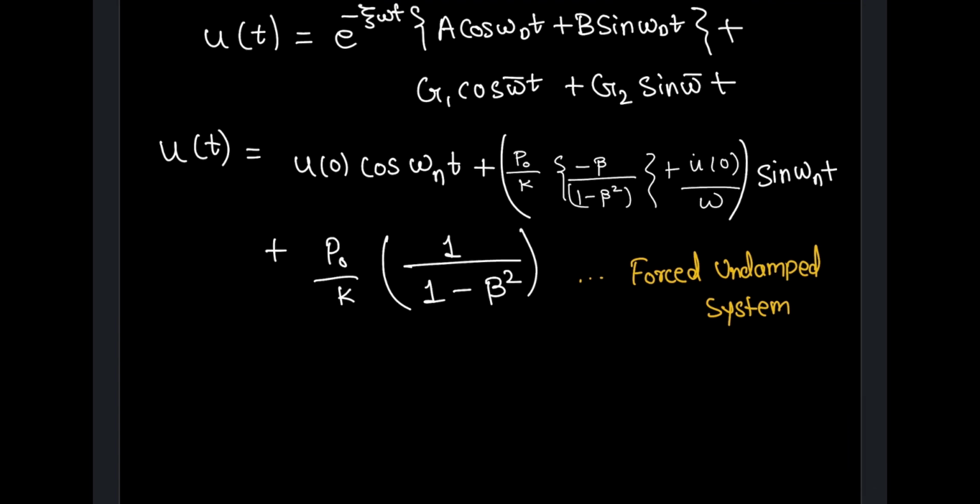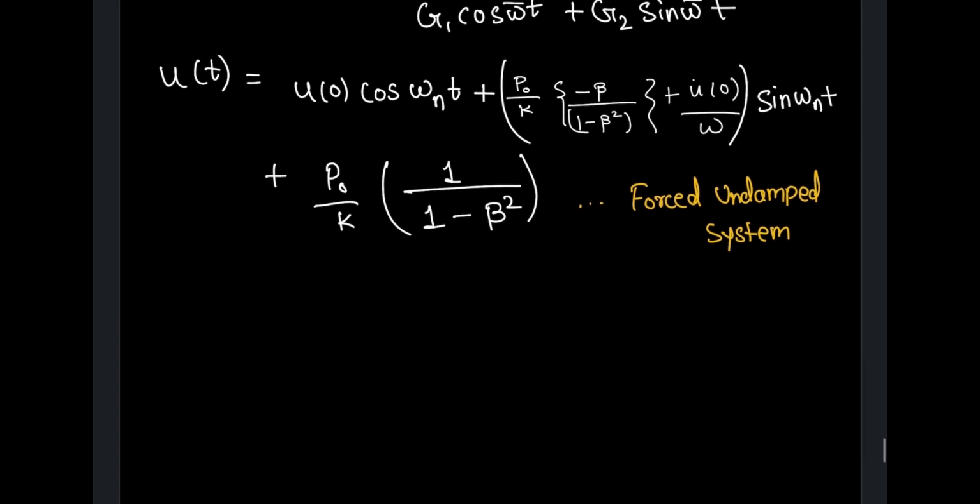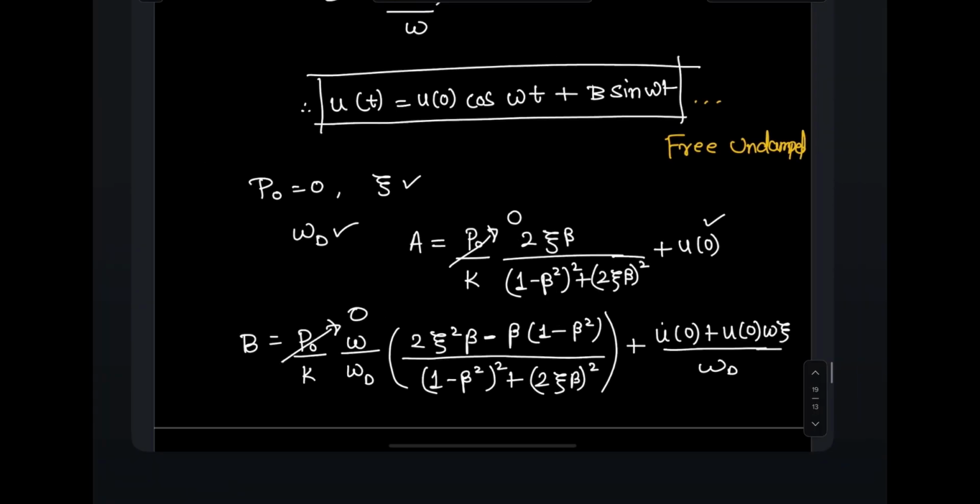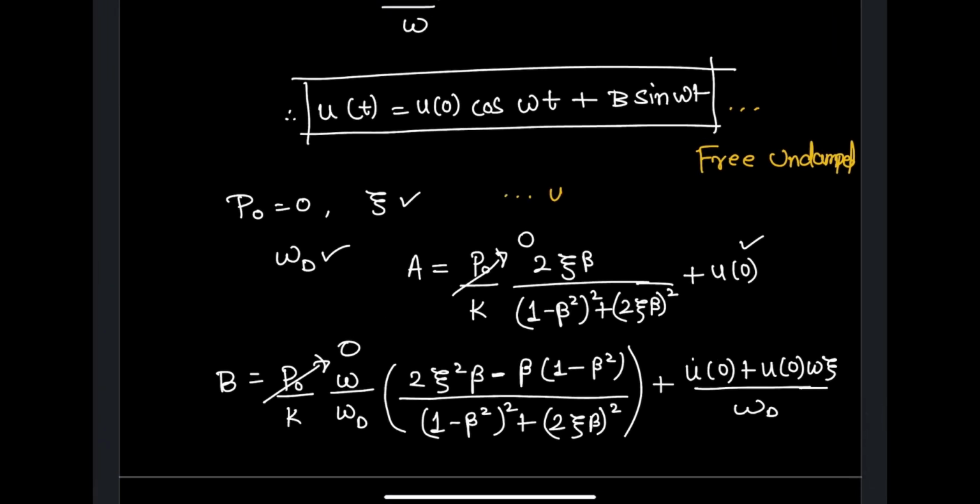Sometimes you may also find the expression for, let's say, the free undamped equation written as u of t is equal to u naught cos (omega t minus theta), where u naught is the amplitude of motion and cos (omega t minus theta) is the cosine wave that it will move in.